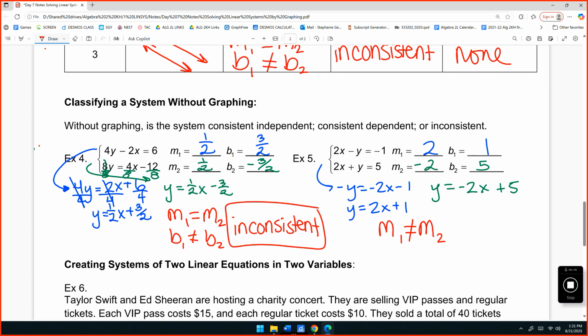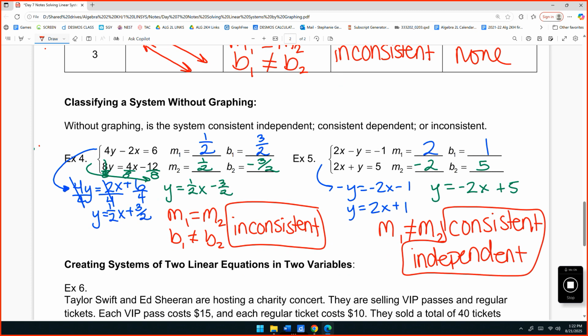So this one is consistent independent, meaning there is one solution. Those lines are going to run into each other one time. Notice I'm not finding out where that is, but that's how I answer that question.